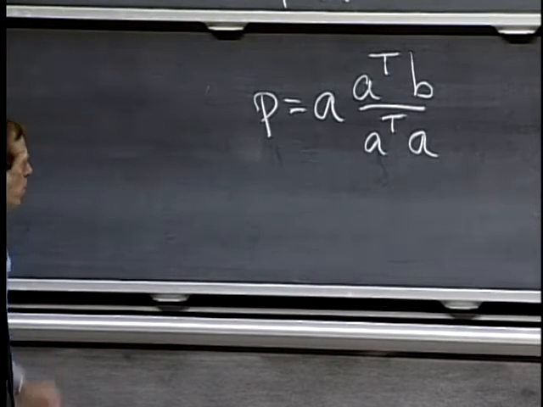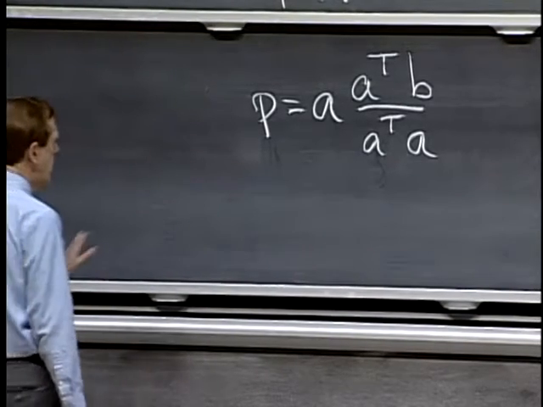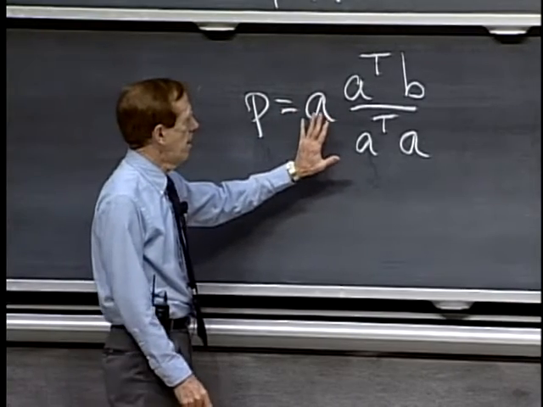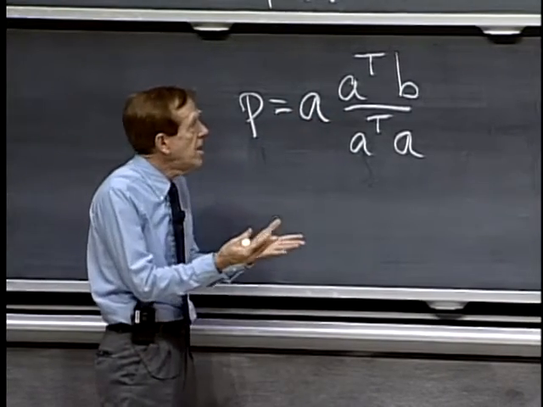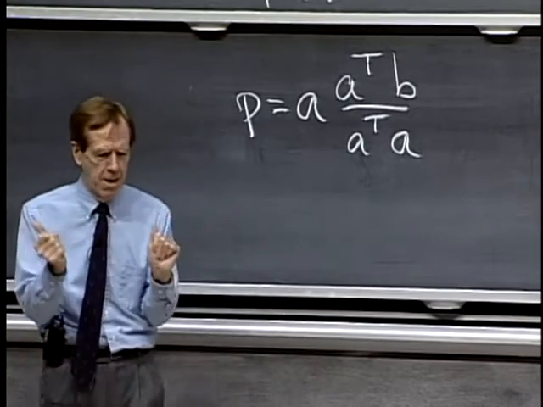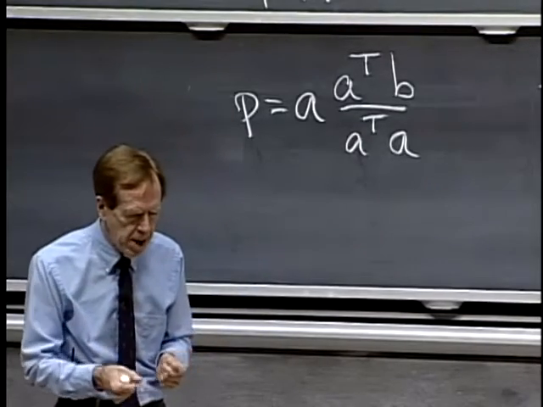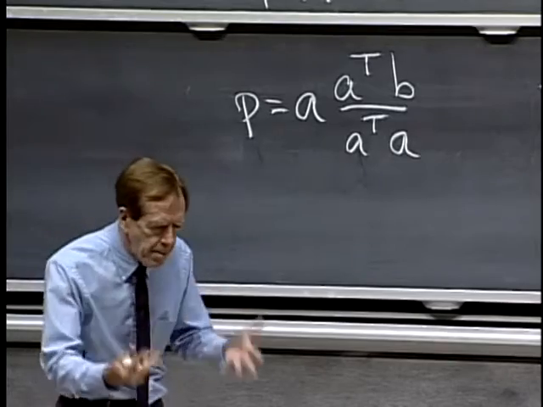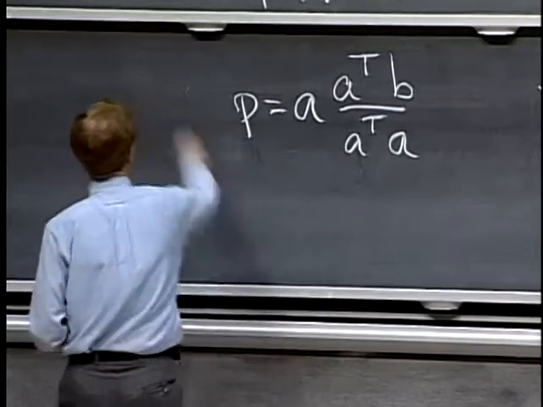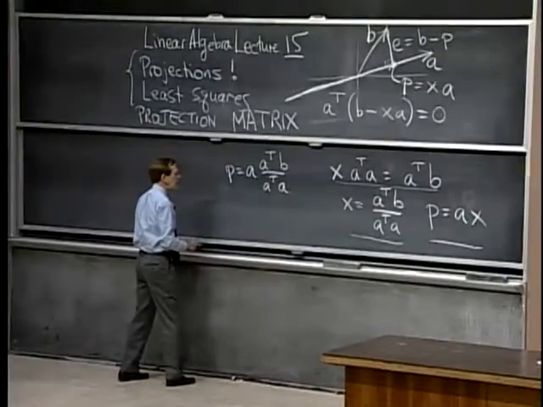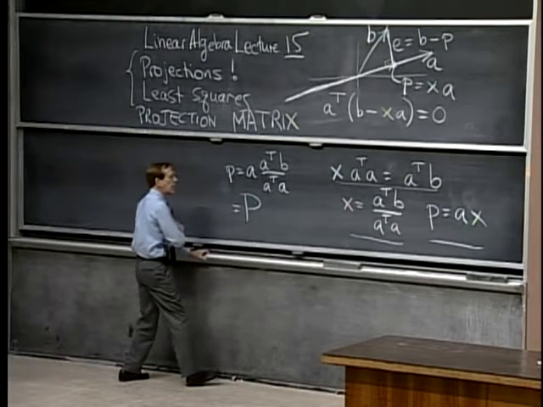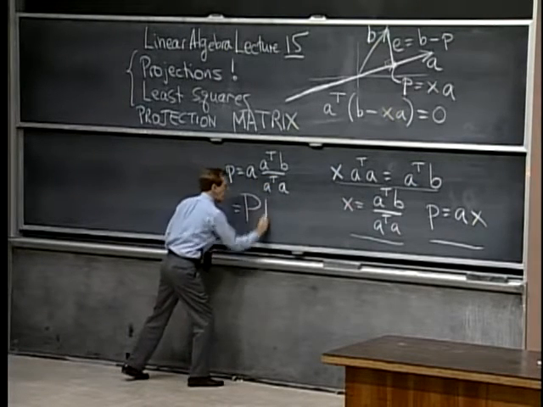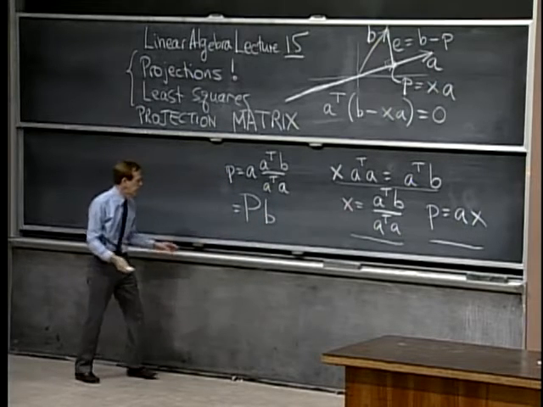Okay, so really, I want to look at this as the projection there's a matrix here. The projection is carried out by some matrix that I'm going to call the projection matrix. In other words, the projection is some matrix that acts on this guy B and produces the projection.